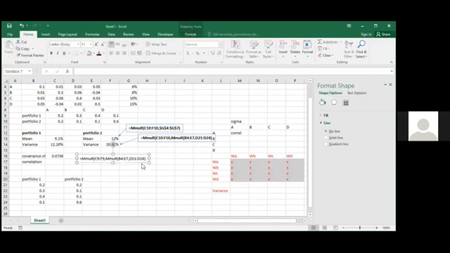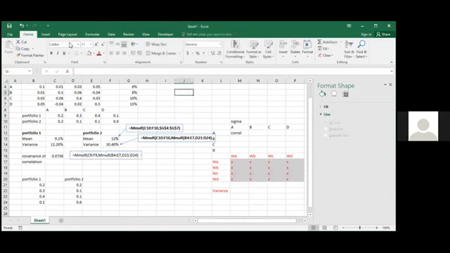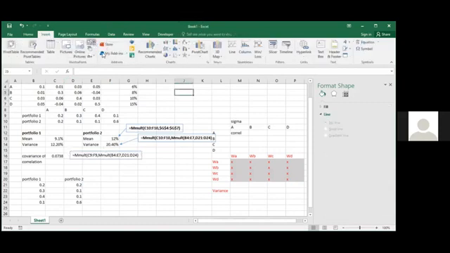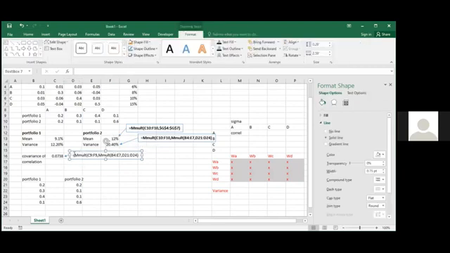In the earlier case we also used the same MMULT function for the variance calculation. Here also we can use the MMULT function, but you have to see the difference.